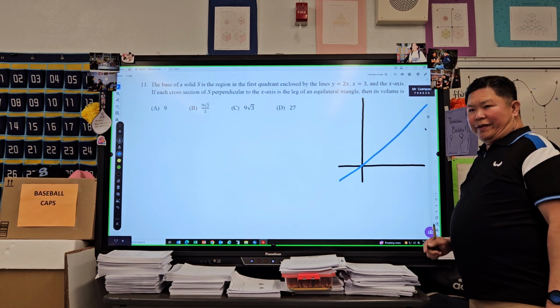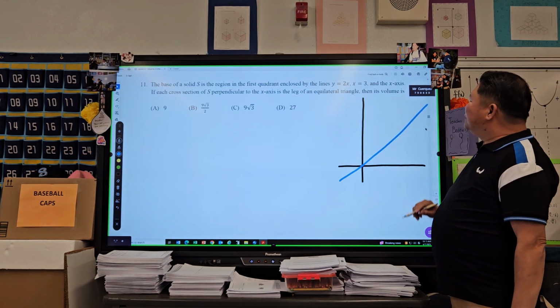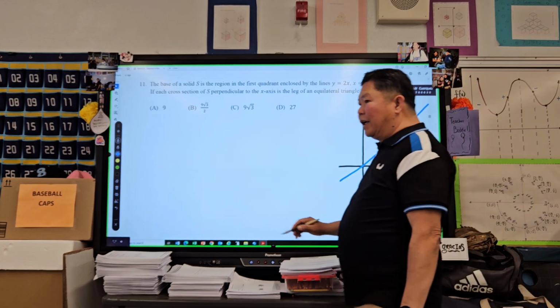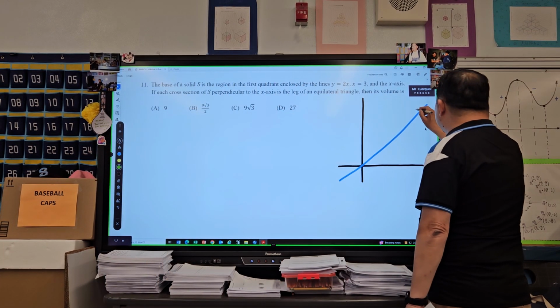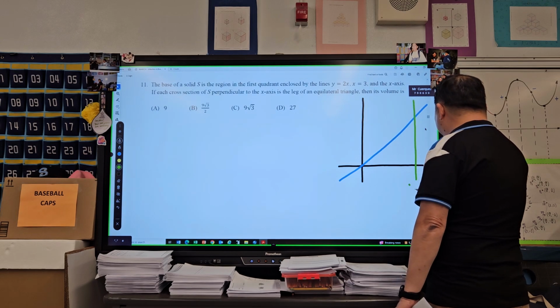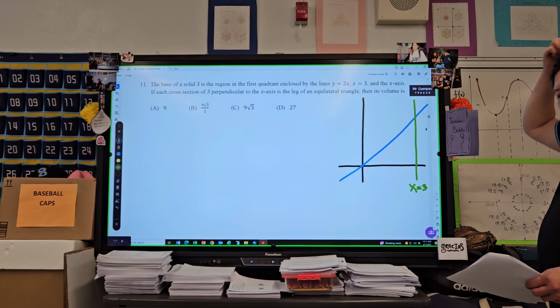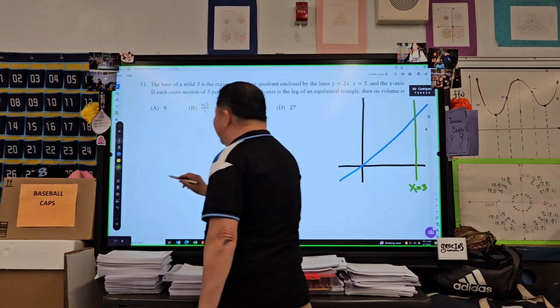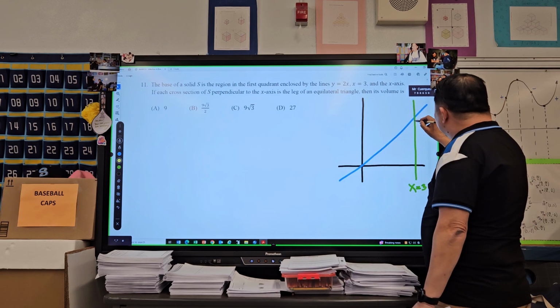So 2x, and then we have x equals 3. So the line x equals 3. I'll just say that this is x equals 3. Okay? So that means this is the region bounded, or the solid region.